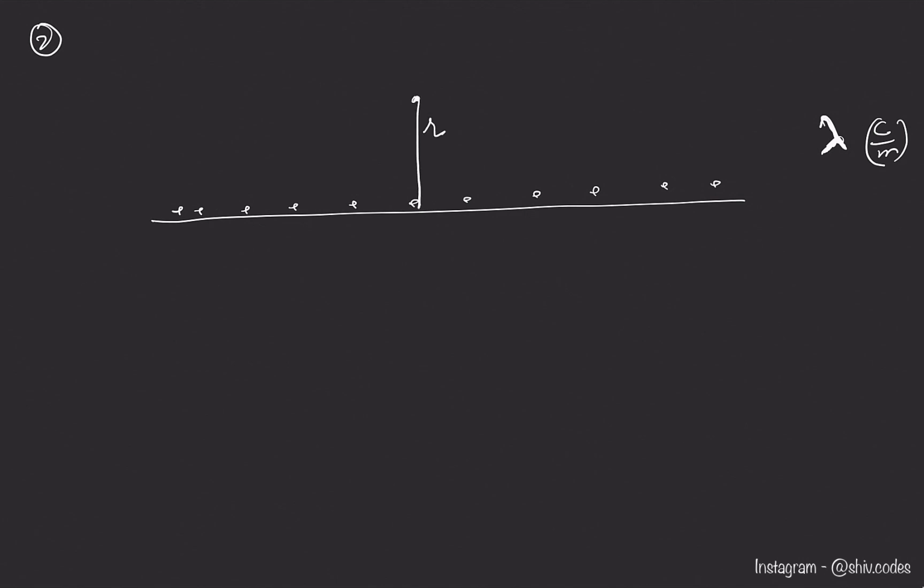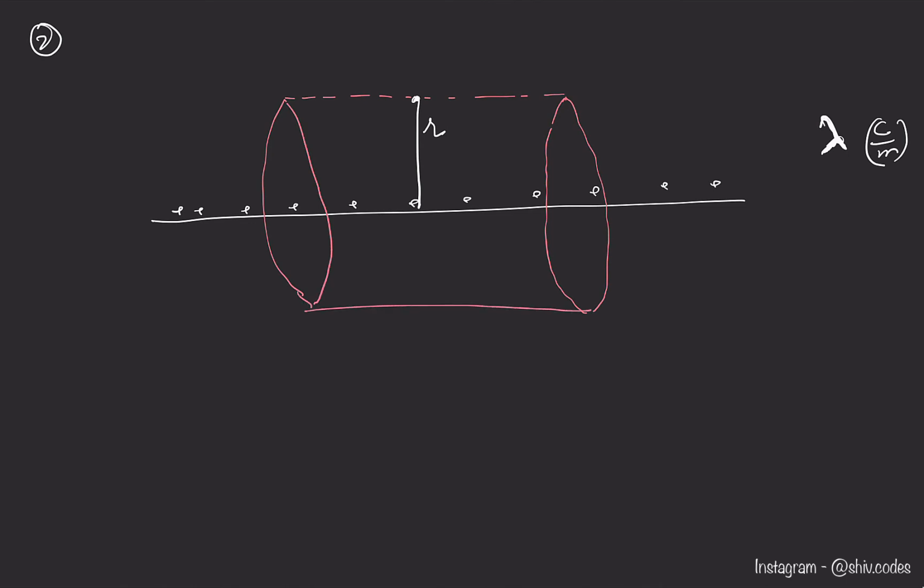Again, we will construct an imaginary closed surface to use Gauss law, and the closed surface in this case would be some cylinder like this. As I said earlier, for Gauss law to work, you must know the direction of the electric field lines. The direction of electric field lines from a wire is away from the wire and in the perpendicular direction, so like this.